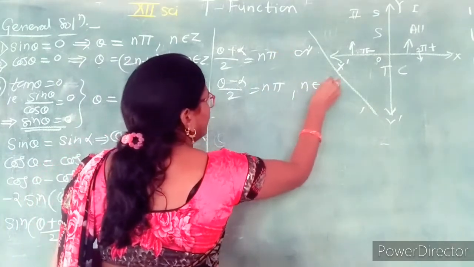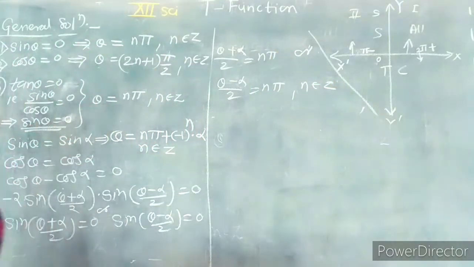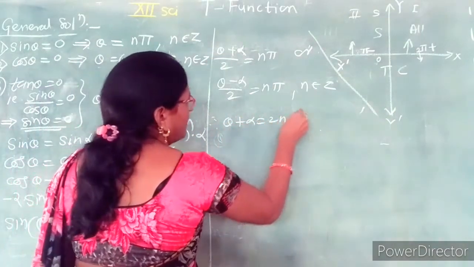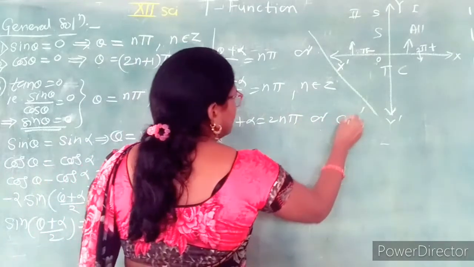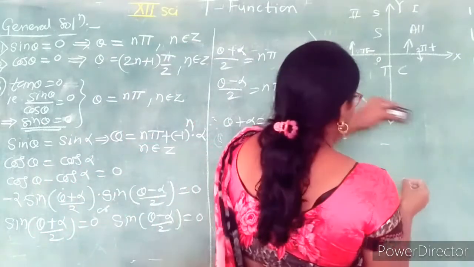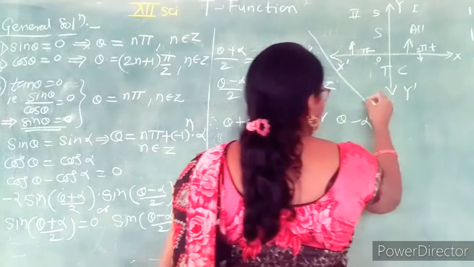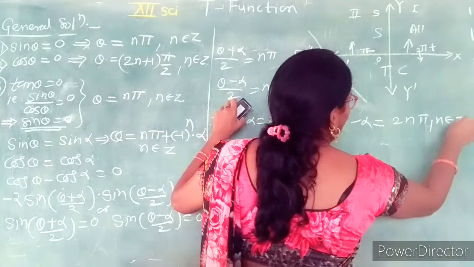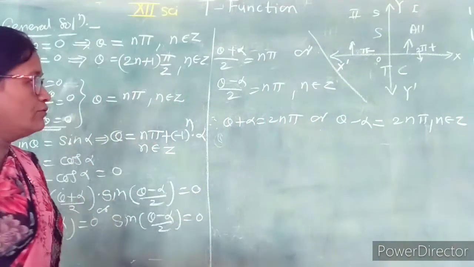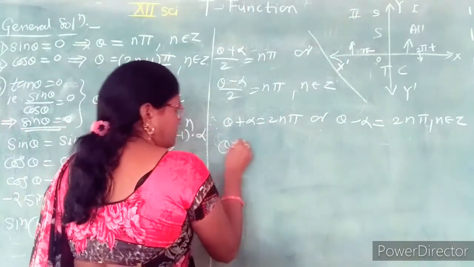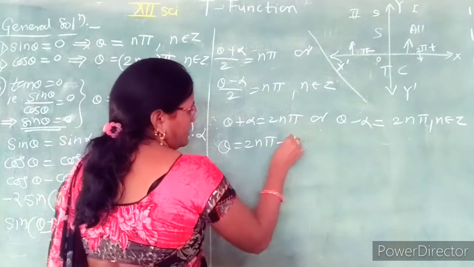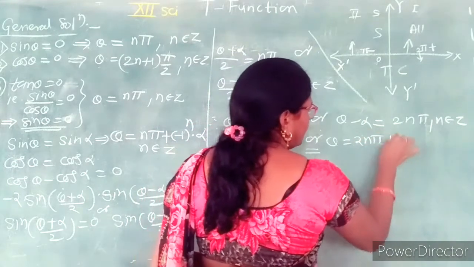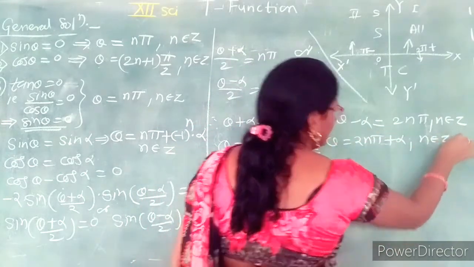For both cases, n belongs to Z. So the first condition is theta plus alpha equal to 2n pi, and the second condition is theta minus alpha equal to 2n pi, again n belongs to Z. Now we find the value of theta: theta becomes 2n pi minus alpha, or theta equal to 2n pi plus alpha, where n belongs to Z.